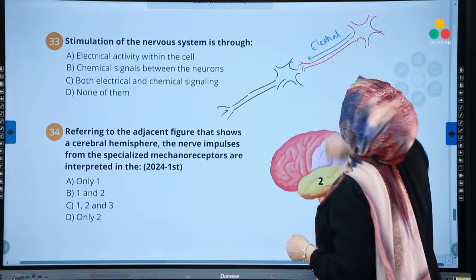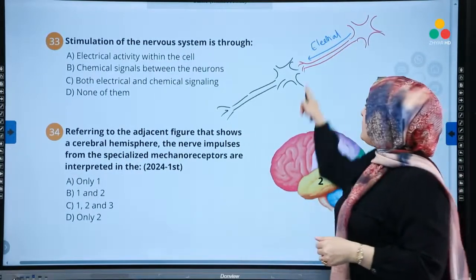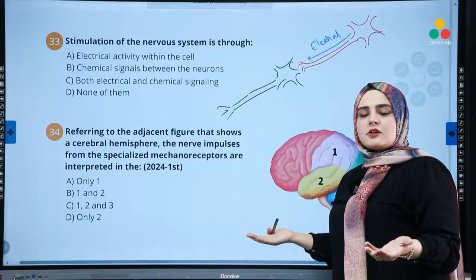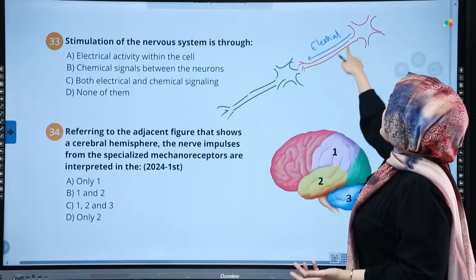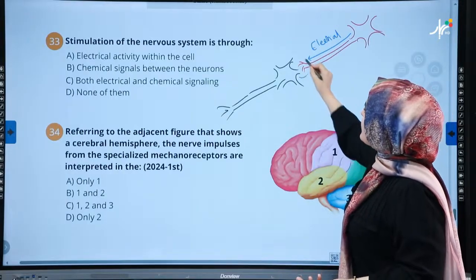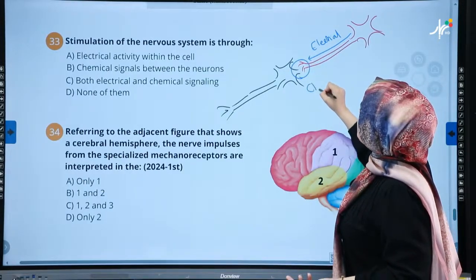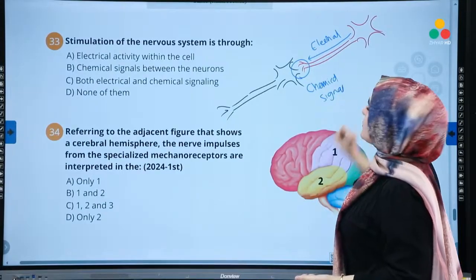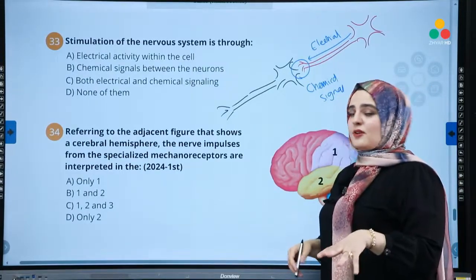Just like a wire. If you have a gap here, it doesn't conduct the electrical impulse, right? So here it's electrical. Once there is the gap of the synapse here, we change it to a chemical signal. The chemical signal is the neurotransmitter.